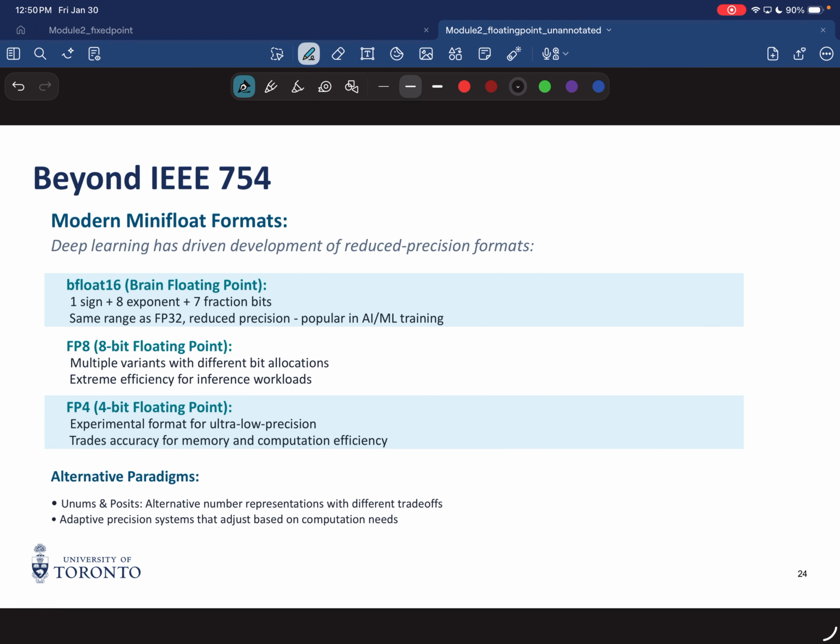Okay, then we talked about the fact that you can have formats beyond IEEE 754. They're called mini float, and they're used mostly in machine learning and accelerating AI, especially in new chips from NVIDIA. You would see these being used. We have brain floating point, which is bfloat16. And here we have 8 exponent bits.